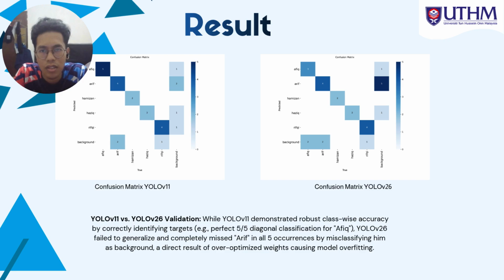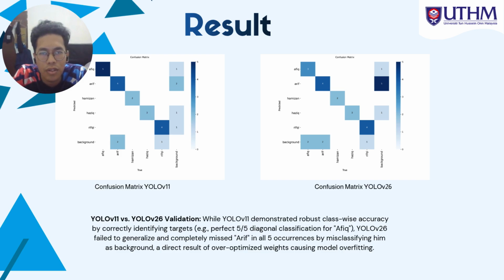So next is the results. For validation between YOLO v11 and v26, YOLO v11 demonstrated robust class-wise accuracy by correctly identifying each target, with a perfect 5 over 5 diagonal classification for Afid.